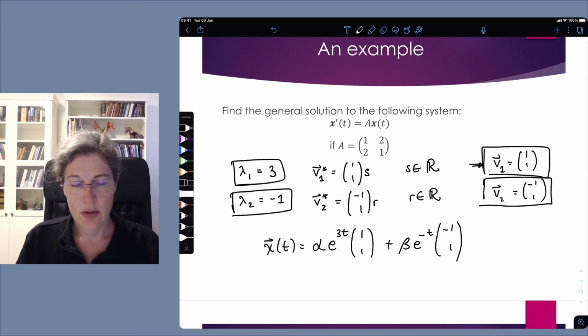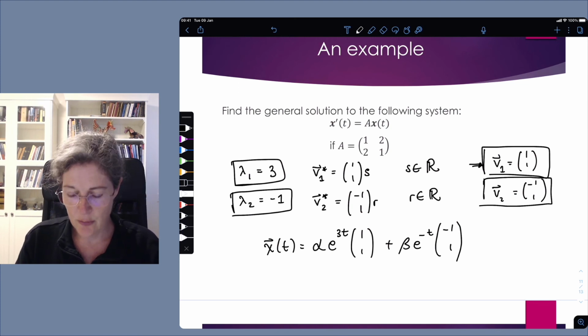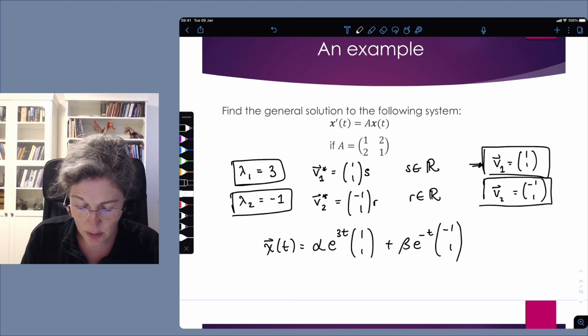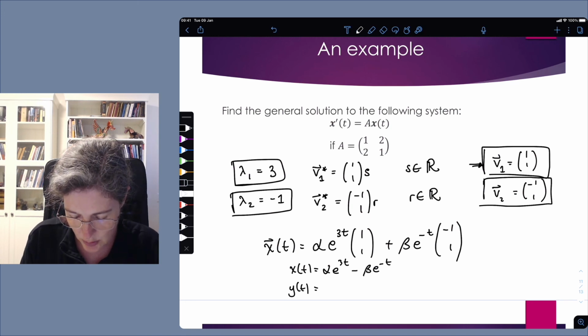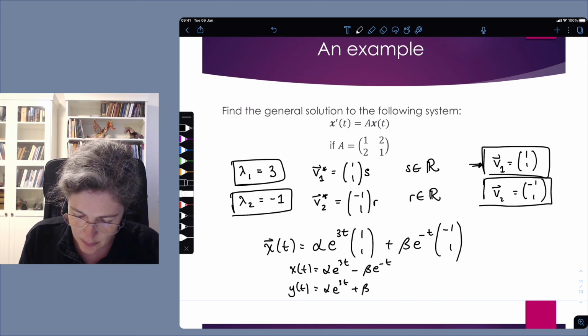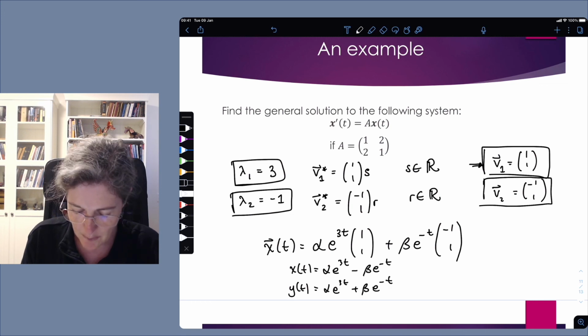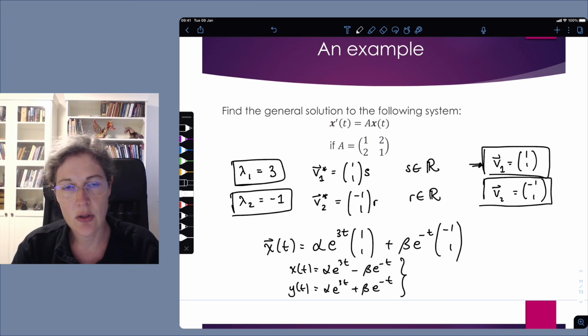And this mightn't look super convincing because you're not necessarily very familiar with looking at matrix equations, but if you write it out as x of t is equal to alpha e to the 3t minus beta e to the minus t, and y of t is equal to alpha e to the 3t plus beta e to the minus t, this might look more convincing as solutions to differential equations. I hope so.